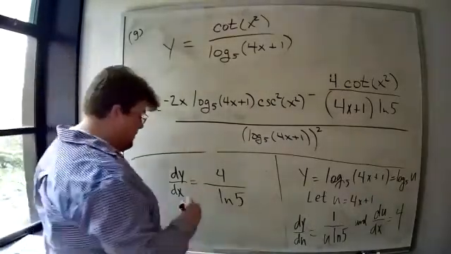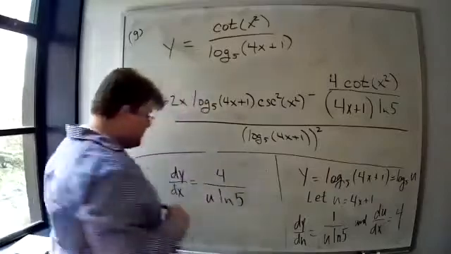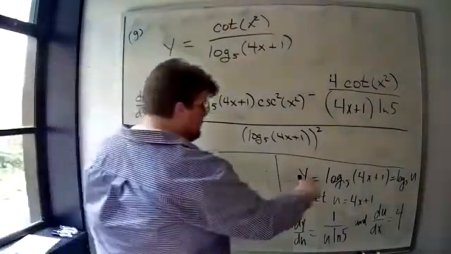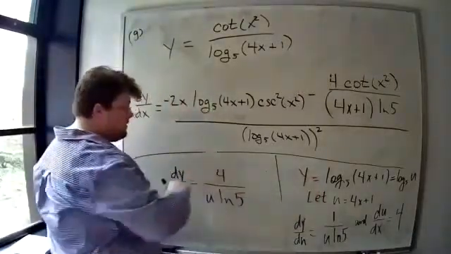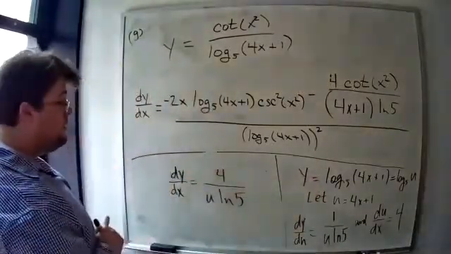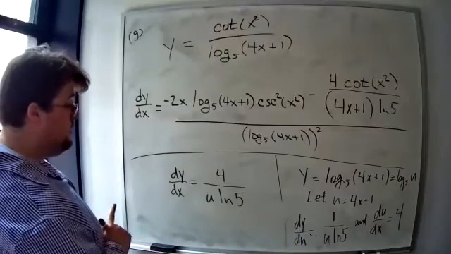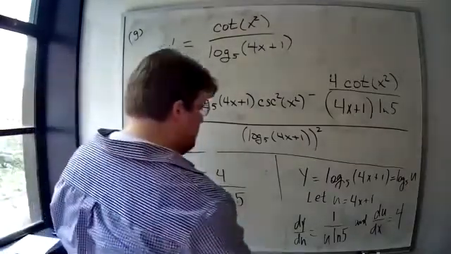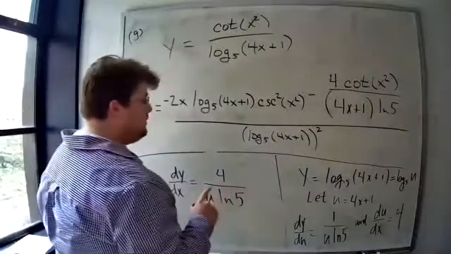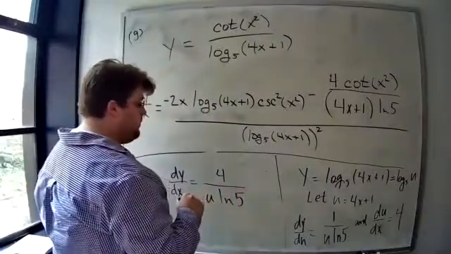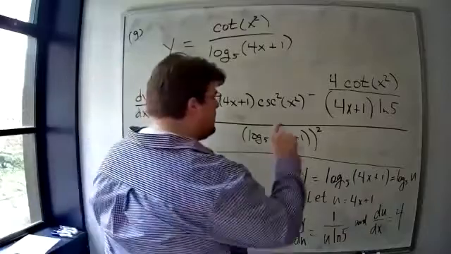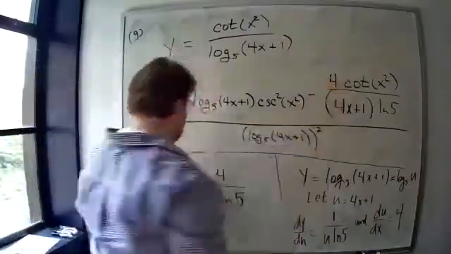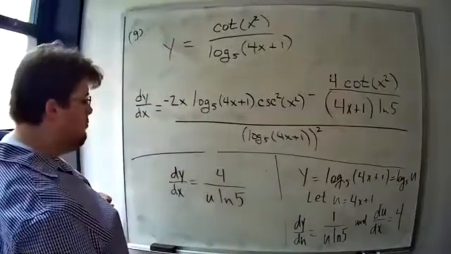I don't get it yet. Which part? Is it okay that the derivative of logarithm is this fraction? The part that I don't understand is why the right side is now a fraction. So this up here is a fraction because this is a fraction.